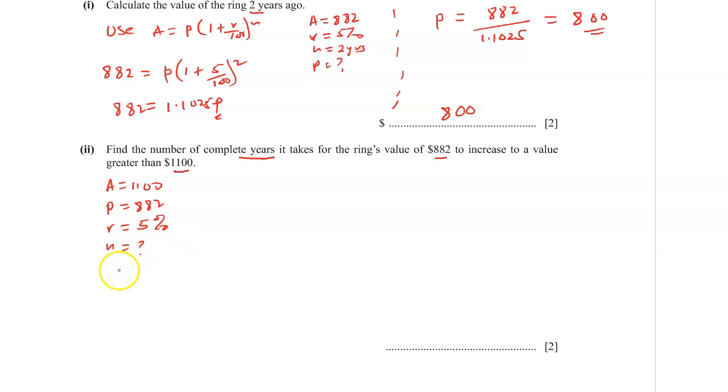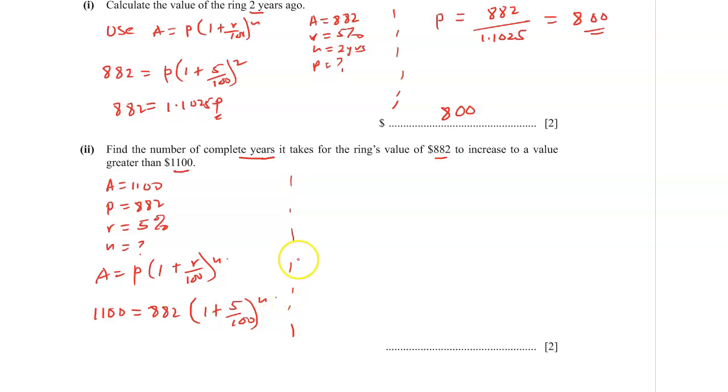That's what we want. So we arrange the equation. Write the equation A is equal to P times (1 plus R upon 100) raised to the power N. Therefore, 1100 is equal to 882 times (1 plus 5 upon 100) raised to the power N. Therefore, you can divide both sides by 882.